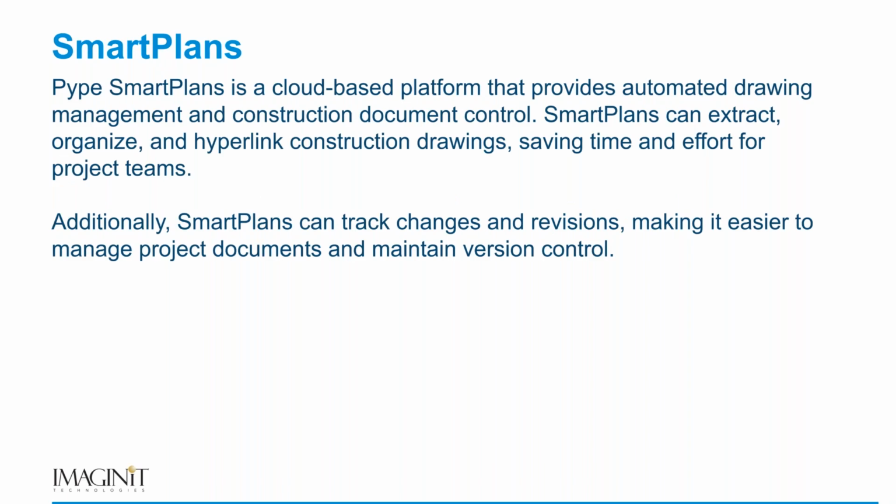SmartPlans is another tool. We didn't really highlight it too much in this presentation because it's a bit disconnected from the submittal and closeout processes. But SmartPlans is another tool included in the bundle that takes information from your construction documents. You can create hyperlinks to your other construction drawings, and if there are schedules or keynote information that you want to extract directly from plan, SmartPlans gives you that solution to extract information from those PDFs.